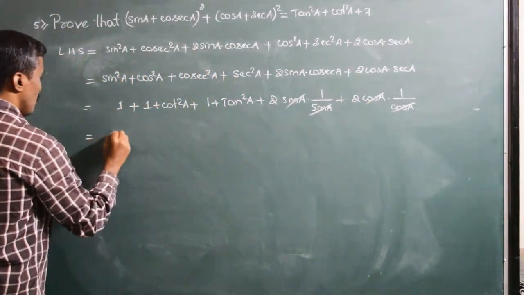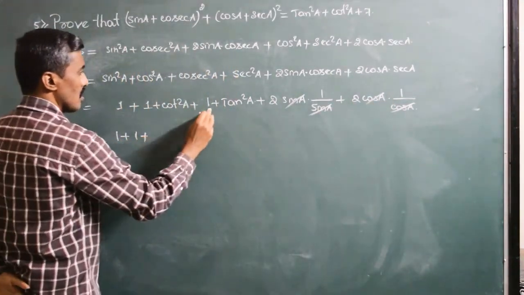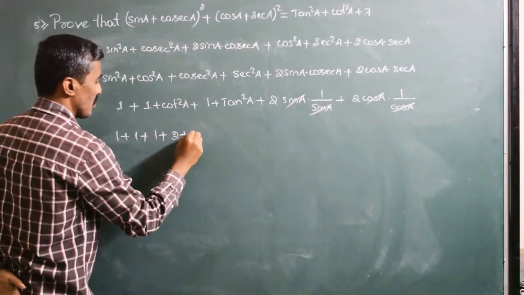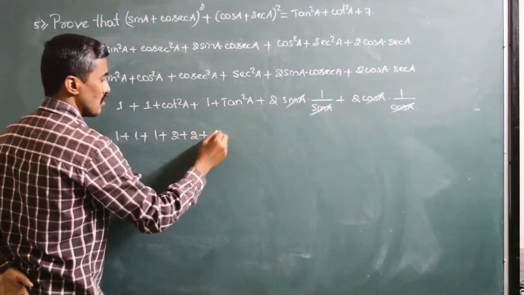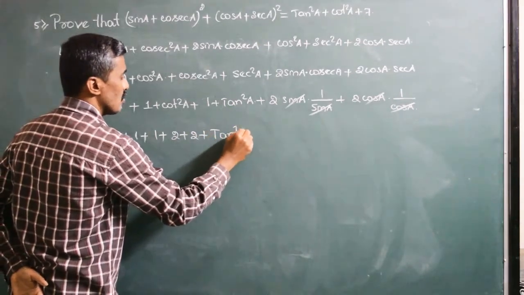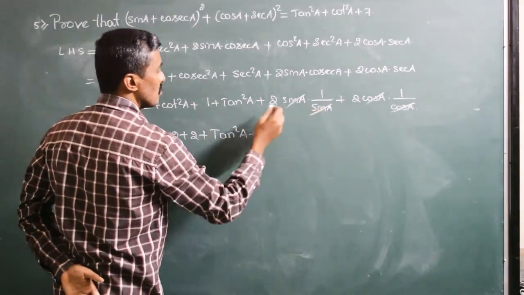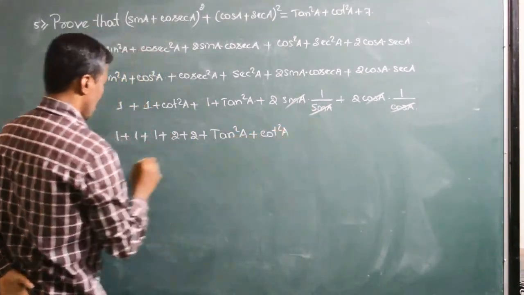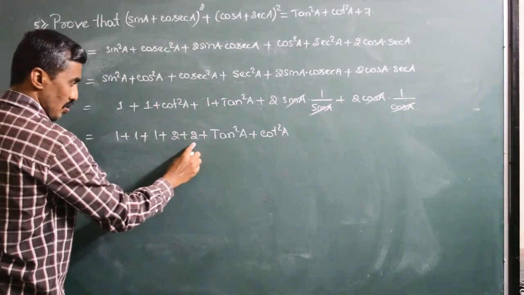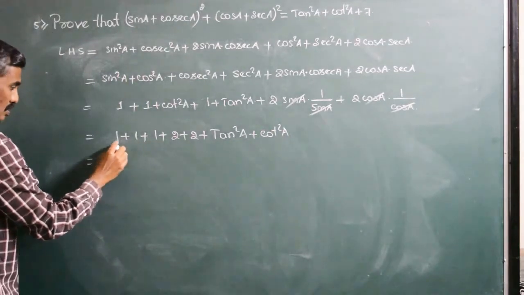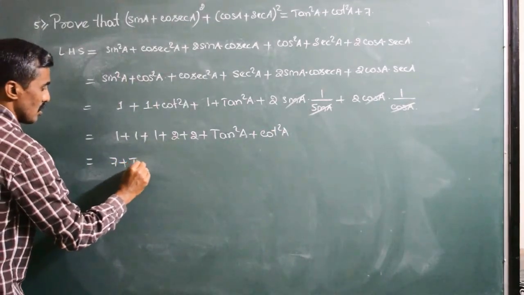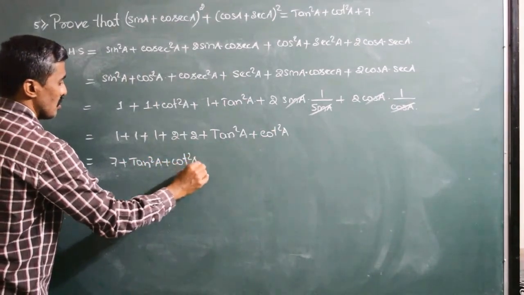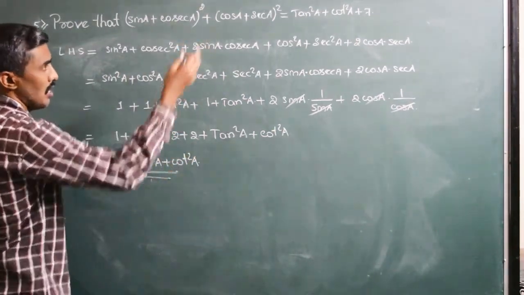So then 1 plus 1 plus this one plus 2 plus 2, plus the remaining terms tan square A plus cot square A. Add this: 4 plus 1 is 5, plus 1 is 6, plus 1 is 7. 7 plus tan square A plus cot square A. This is our required RHS.